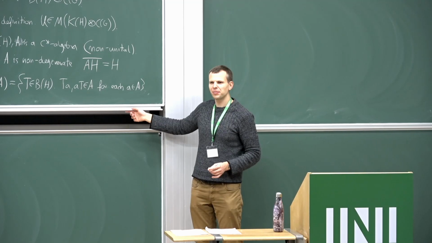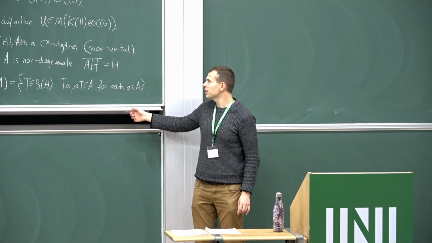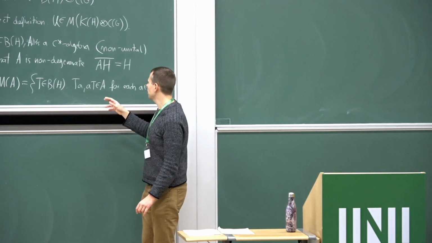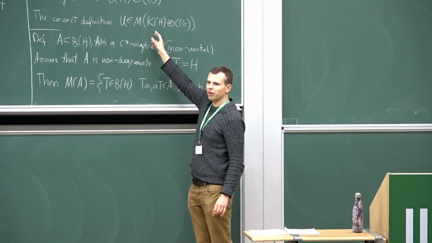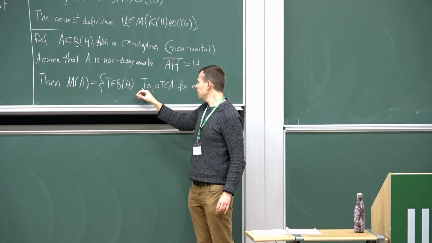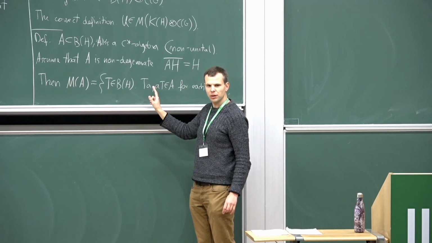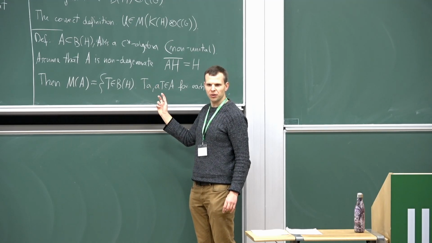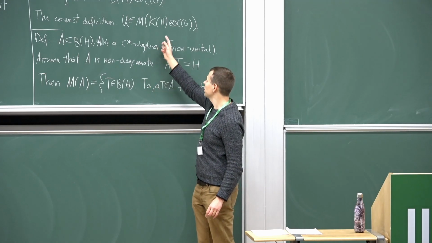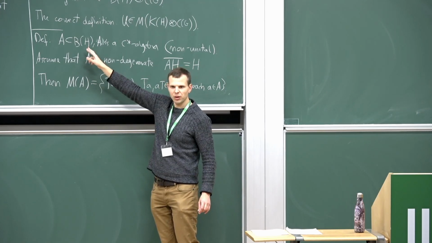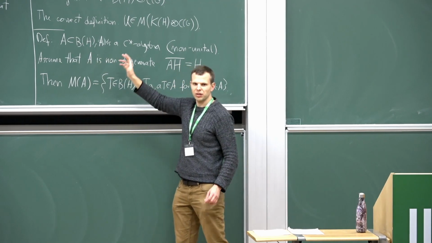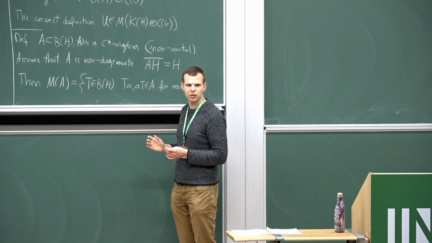Yeah, Mateusz? Yeah, B(H), right? Because compact operators form an ideal. If you compose any bounded operator with a compact operator, whichever way you go, you get a compact operator. And compact operators act in this non-degenerate way on H automatically with the canonical representation.